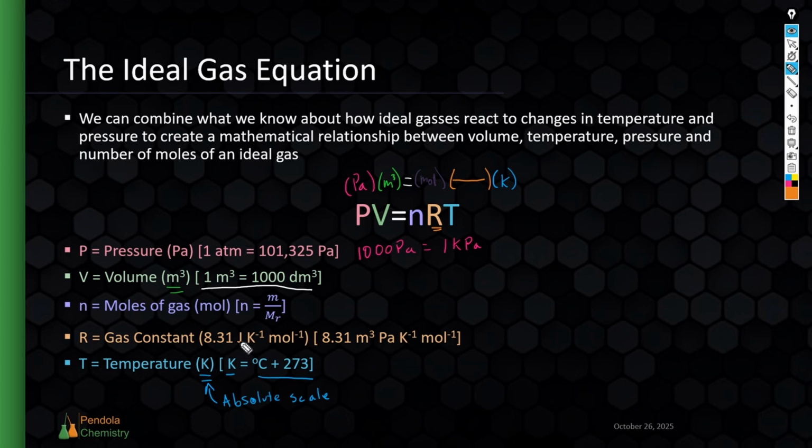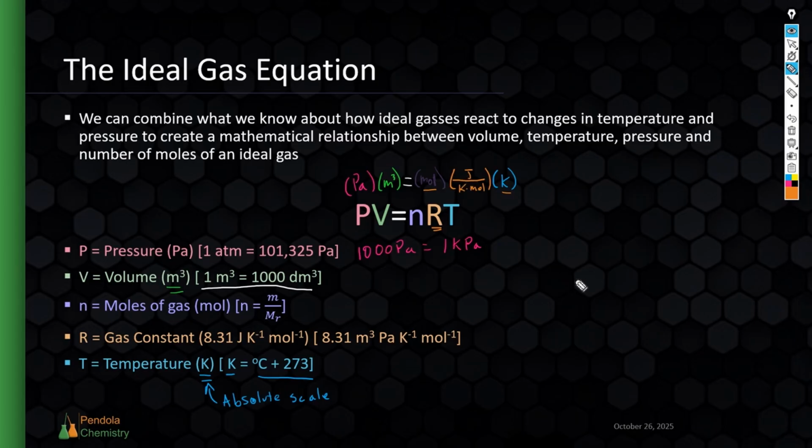Now, the units for R that you see on your periodic tables and on your reference sheets is joules per Kelvin mole. And you can see how the Kelvin and the mole make sense, right? We have mole here, we have Kelvin here. But how does the joules make sense?